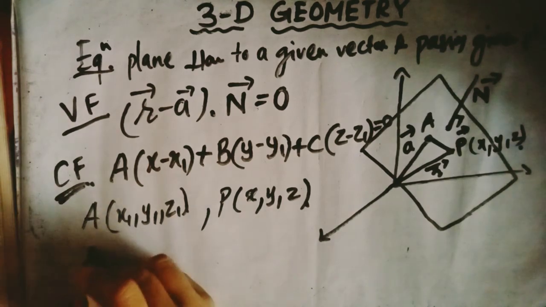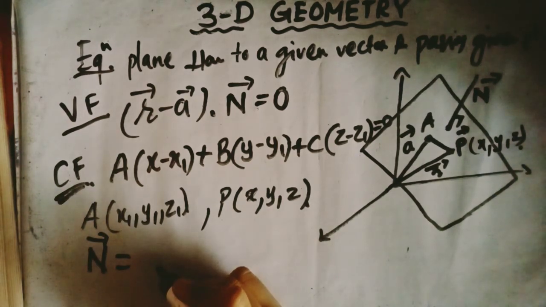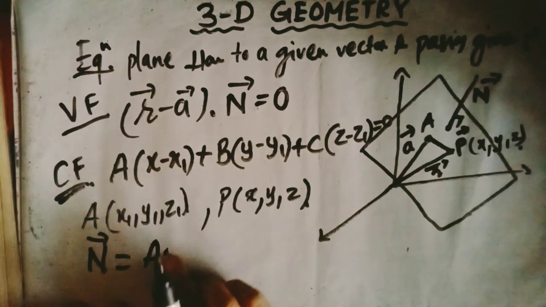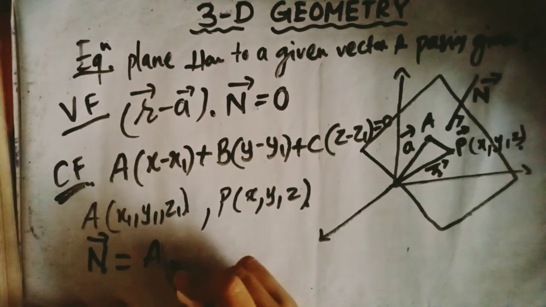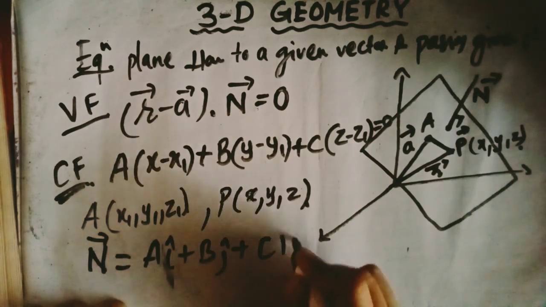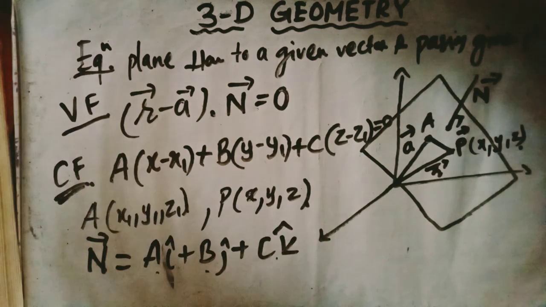Okay, and your n vector, normal vector which is perpendicular vector, it is given by ai plus bj plus ck. Okay, this you have to remember. Means you should know which are the scalar components of which vector.